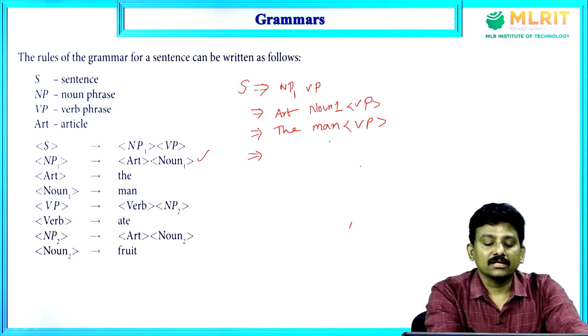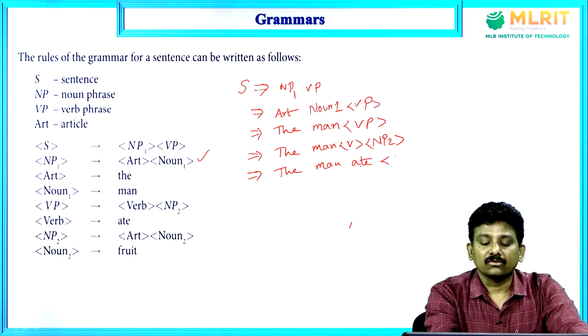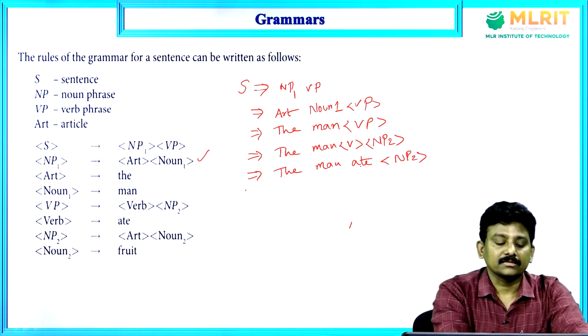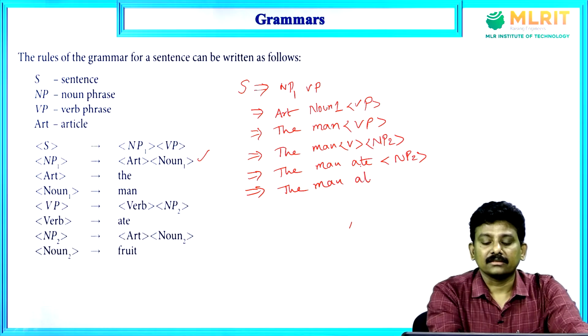In the third step, the man, verb phrase derives verb and noun phrase 2. In the next step, the man ate noun phrase 2. In the next step, the man ate, noun phrase 2 derives article and noun 2.